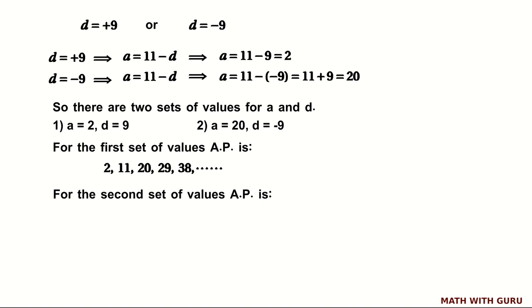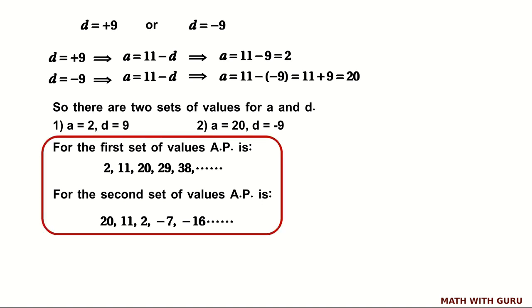First term is 20, go on subtracting 9: 20, 11, 2, minus 7, minus 16, etc. Thus, we get 2 arithmetic progressions here. They are not one and the same.